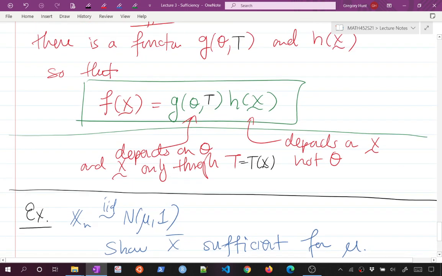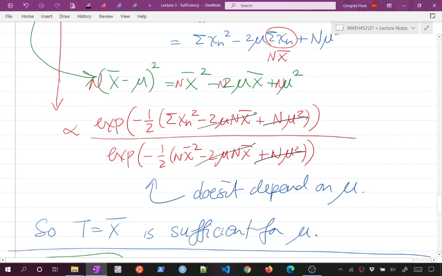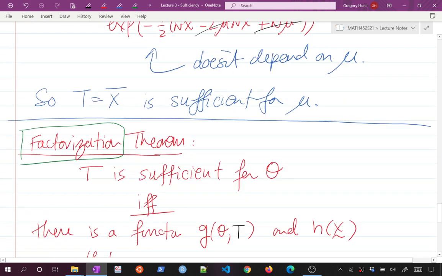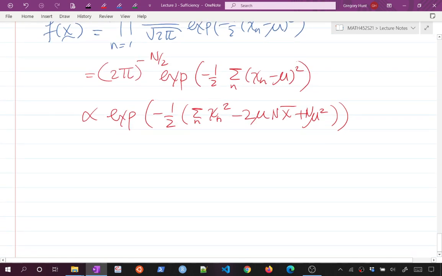I think I'm remembering that, right? Let's go up and just look. Sum of the xn squared minus 2 n x bar mu plus, yeah. Okay, so I got that right. And now let's break this apart. So I suppose I should really include this constant if I'm showing this as a first example. Doesn't really matter. It doesn't depend on mu.